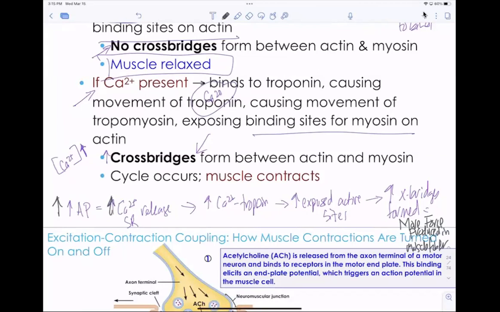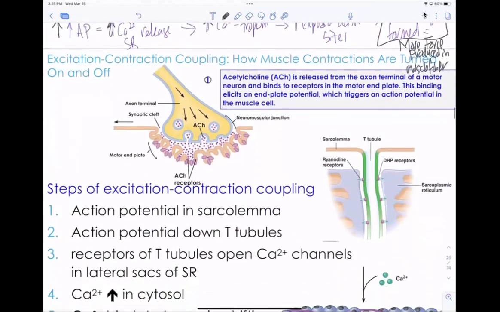If you release more calcium, you have a higher concentration of calcium to bind to troponin. That's going to equal more exposed active sites, which then results in more cross bridges. And the number of cross bridges that are formed is going to equate to more force in the muscle fiber. So frequency of action potentials is going to ultimately result in more force production.